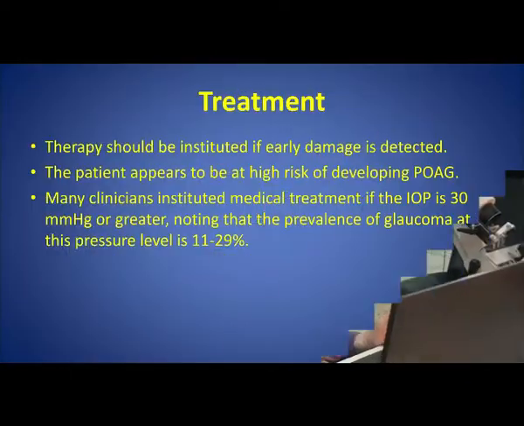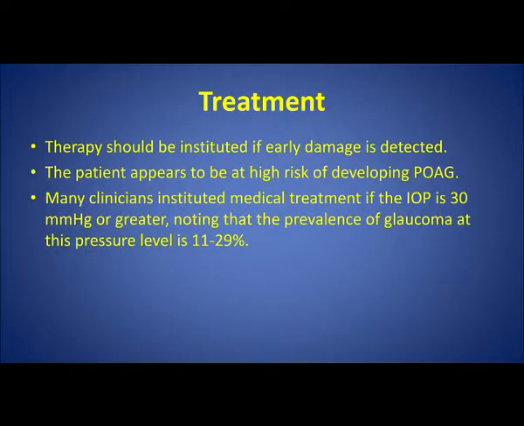Treatment should be instituted if early damage is detected, or the patient appears to be at high risk of developing primary open-angle glaucoma. Many clinicians institute medical treatment if the IOP is 30 or greater, noting that the prevalence of glaucoma at this pressure level is 11 to 29%.